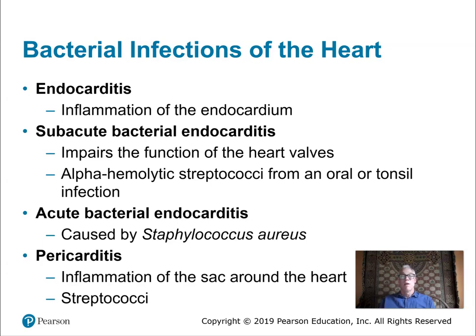Acute bacterial endocarditis, that's caused by Staphylococcus aureus bacteria getting in there, very rapid growing, and cause inflammation and injury to the heart. One thing that can happen is inflammation can cause the outer lining of the heart, the pericardium, to become inflamed. And if that happens, then fluid starts to accumulate. There's a fibrous pericardium that's like a leather satchel around the heart.